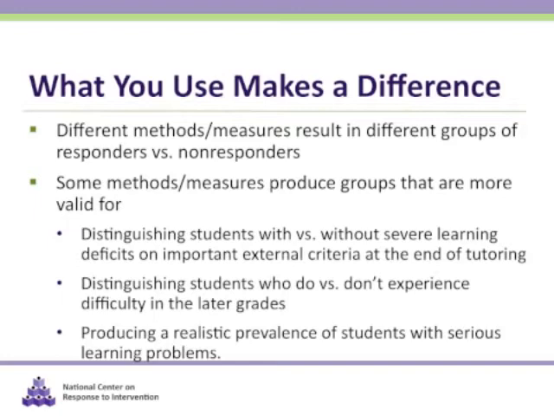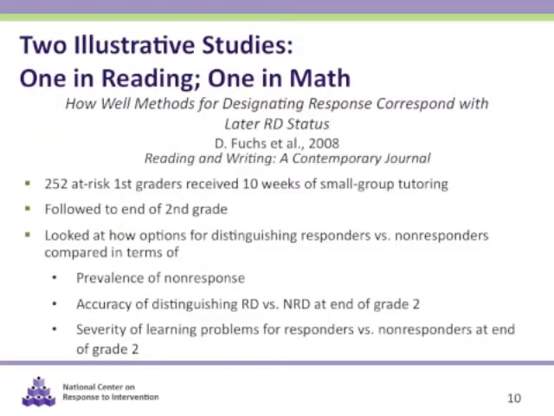And some methods and measures will produce groups that give us a more realistic prevalence of students who do have serious learning problems. So let's look at a little bit of data. I'll briefly share with you two illustrative studies, one in reading and one in math.